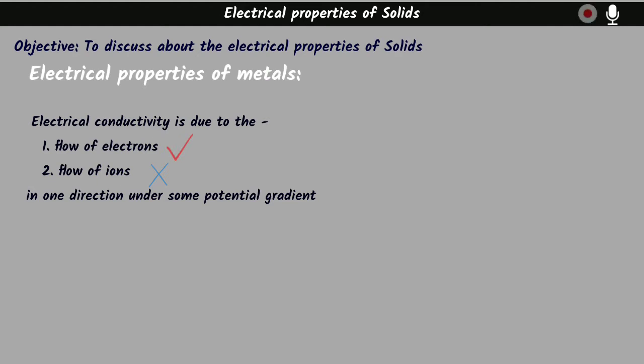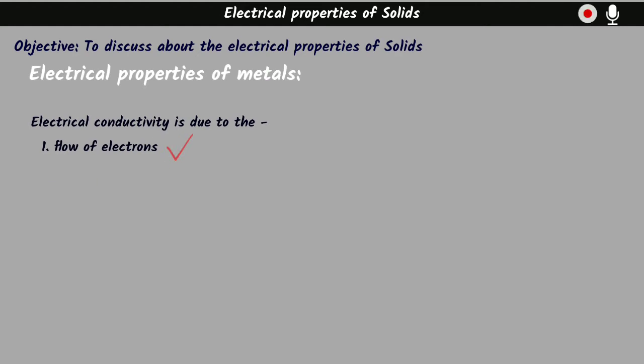The electrical conductivity in the case of metals depends upon the number of valence electrons available per atom of the metal. The atomic orbitals mix with each other and form many molecular orbitals.